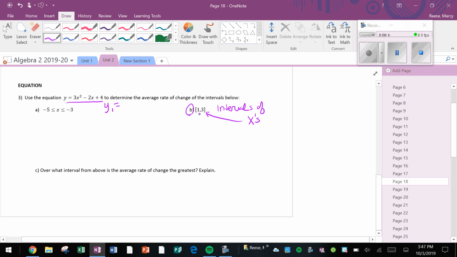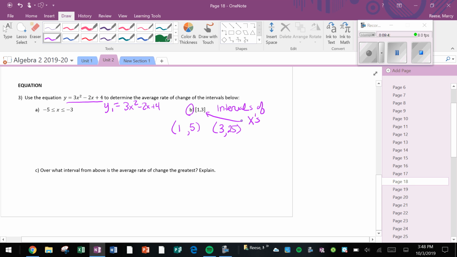So they're saying, I want to know the rate of change from when x is 1 to when x is 3. Okay? So I would go to y1 and plug in 3x squared minus 2x plus 4. And I would go to the table, and when x is 1, y is 5. When x is 3, y is 25.